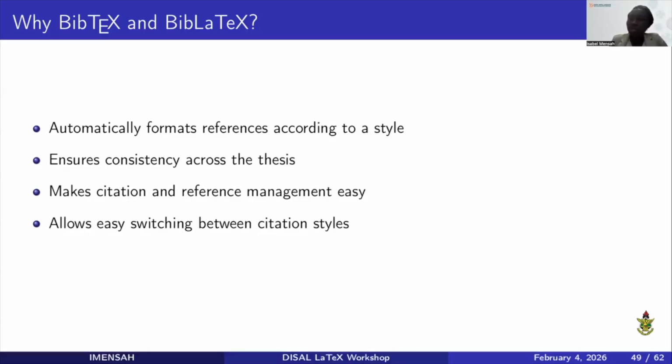You can't do this. If it's author-year, you keep it consistent across the board. If it is numbers you are doing, you keep it consistent across the board. So usually when you are using LaTeX, once you define a certain style, if it's author-year, if it is numbers, it is consistent. It doesn't change along the way.